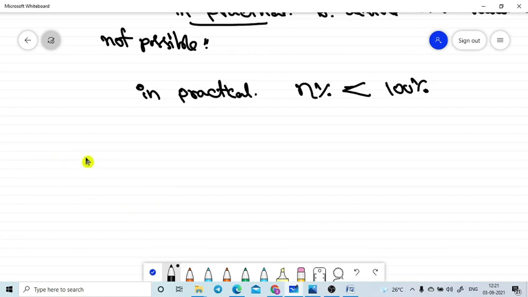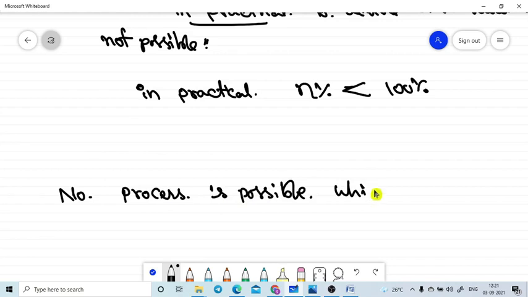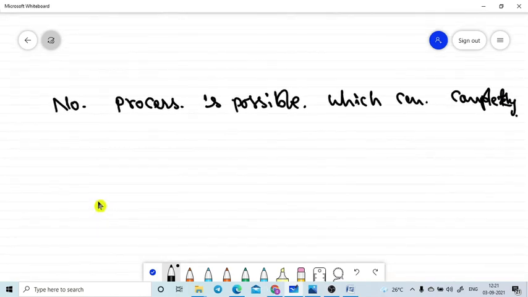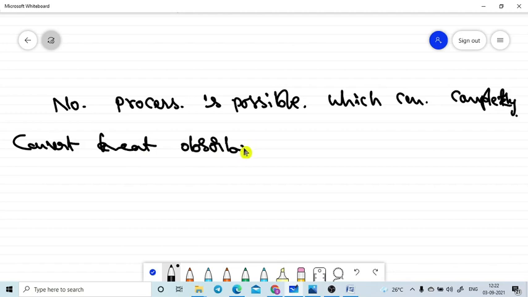The statement says that no process is possible which can completely convert heat absorbed from the reservoir, from the source, into work.